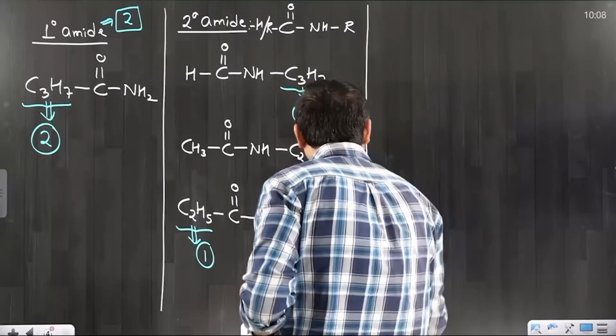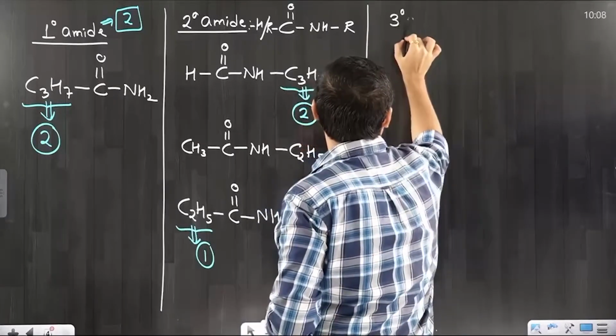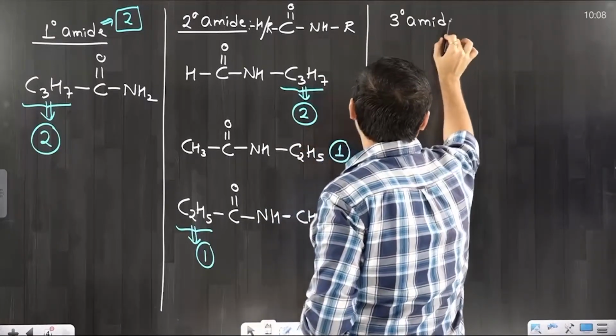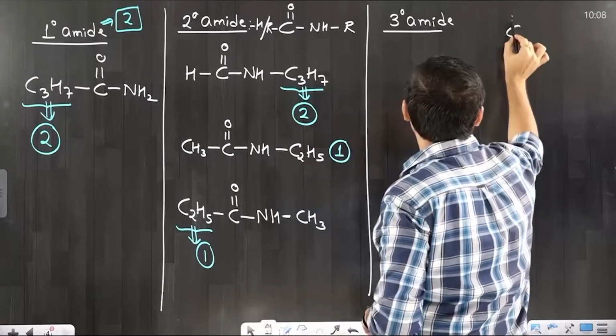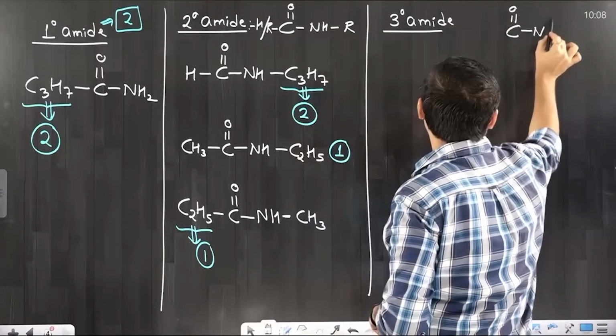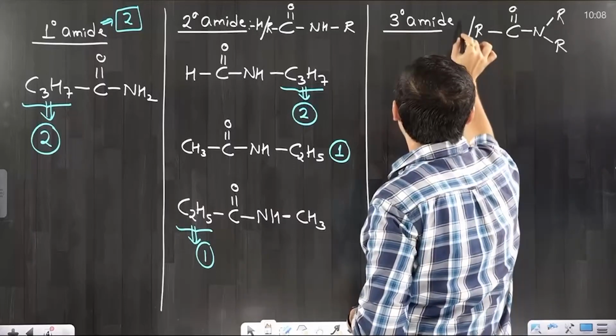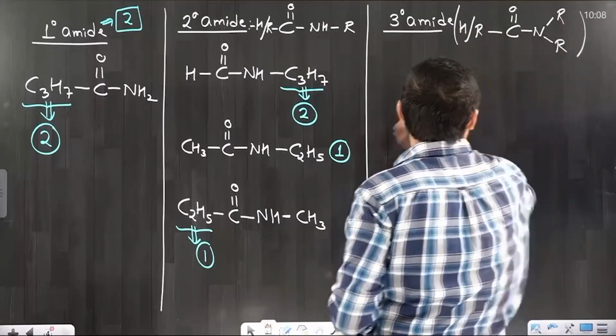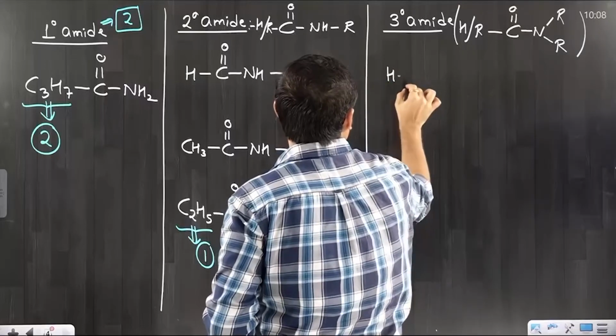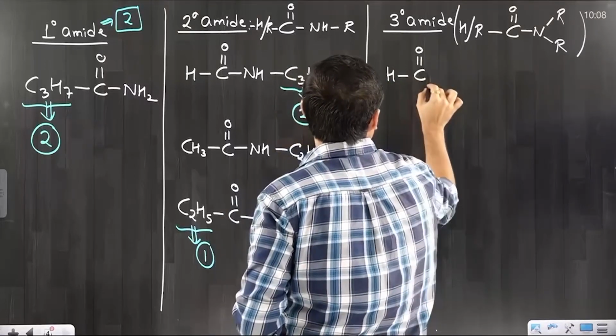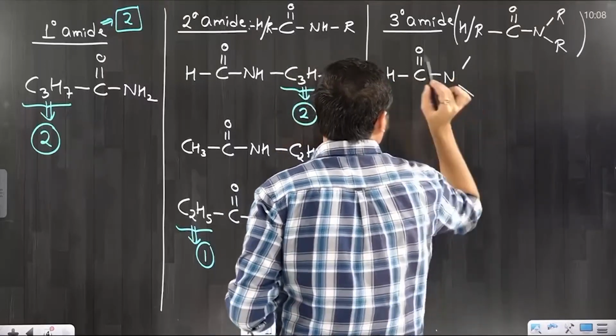Now if I move to tertiary amide, what is the representation? C double bond O. On both sides I have to write alkyl with nitrogen. Here we can write hydrogen also. So let us start with simpler hydrogen. Nitrogen, now 2 valency vacant.